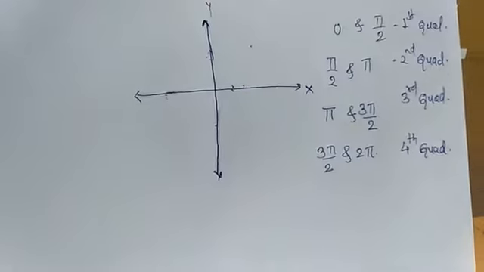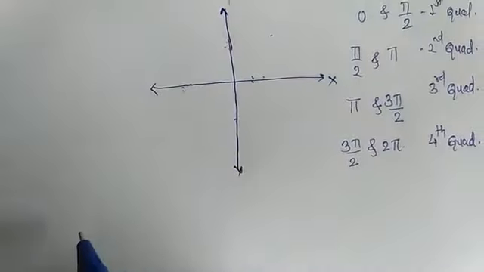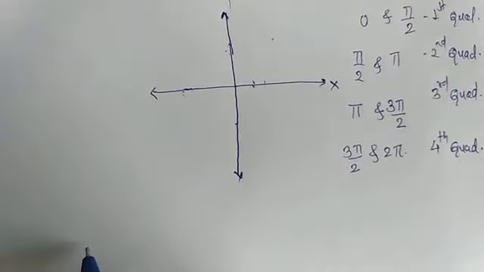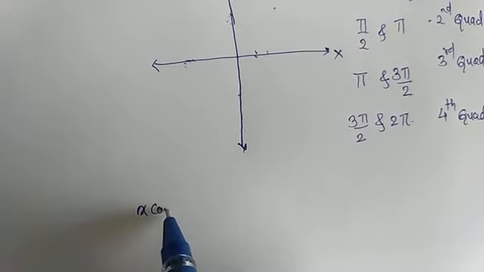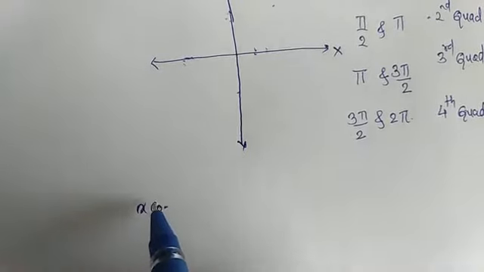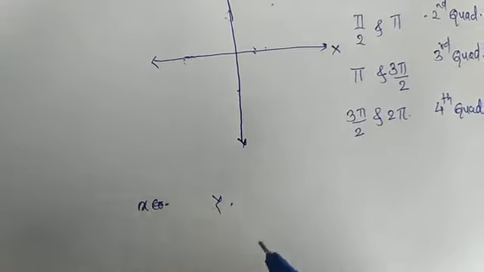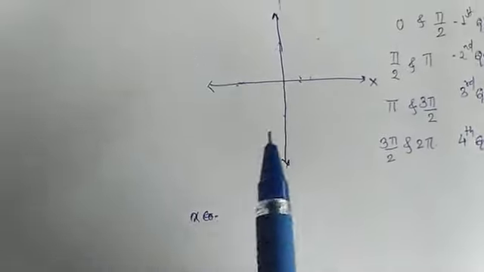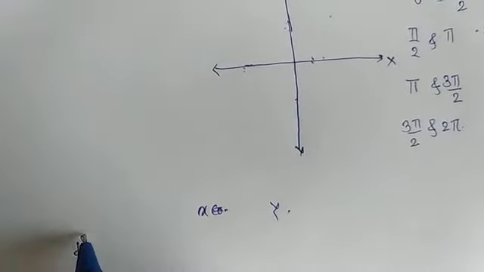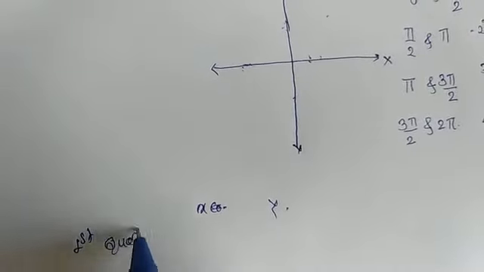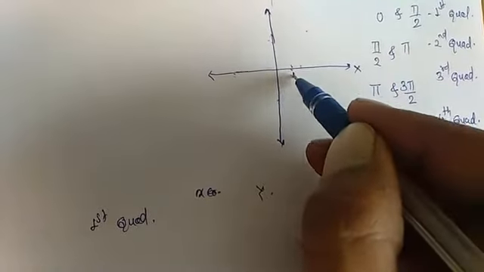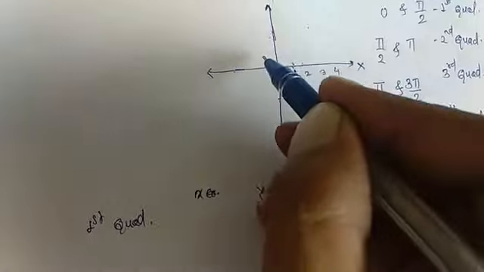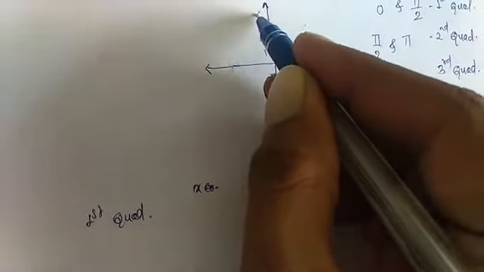If you see all the quadrants, there is the x coordinate and the y coordinate. In the first quadrant, the values are positive: 1, 2, 3, 4 here and 1, 2, 3, 4 here.